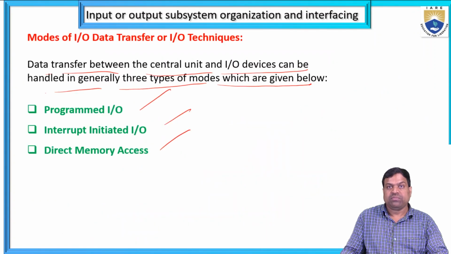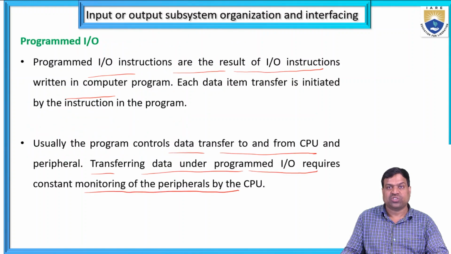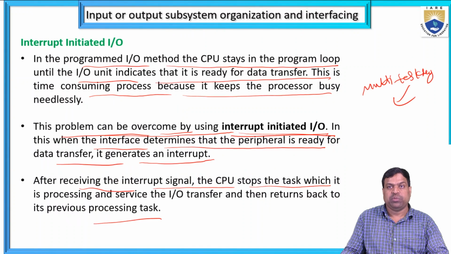The modes of input output data transfer are three techniques: programmed input output, interrupt-initiated input output, and direct memory access. Programmed means we are giving instructions to the CPU. Interrupt means multiple tasks, multi-programming, at a time, so we have to go one by one, and there will be a priority option.